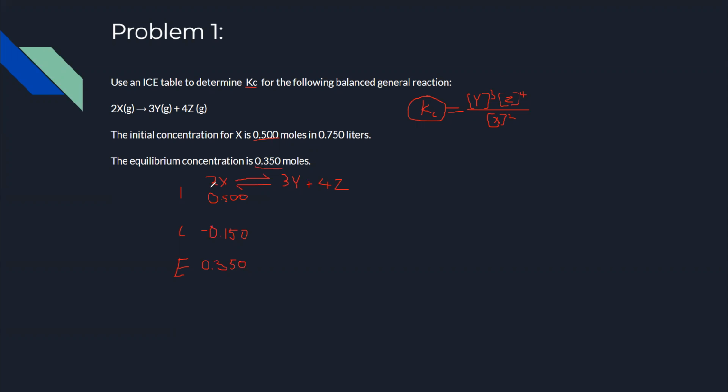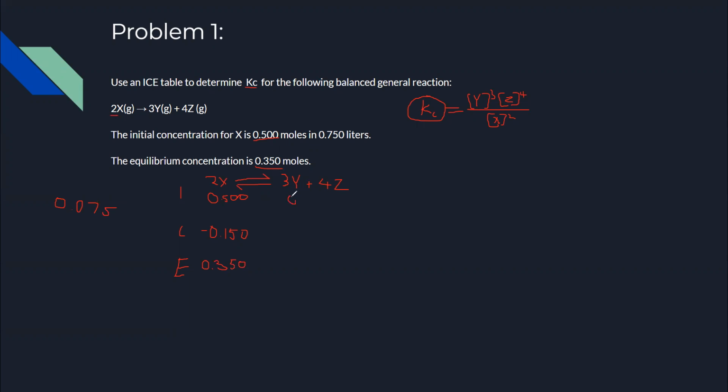And this is for 2x. So you have to divide the 0.150 by 2, that makes 0.075. And this is like kinetics, where the reactants have a minus, and the products, as they're being formed for the duration of the reaction, will be added up.